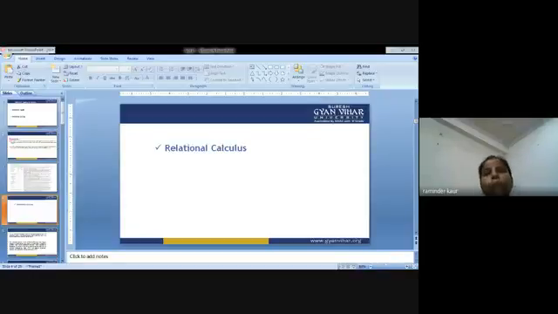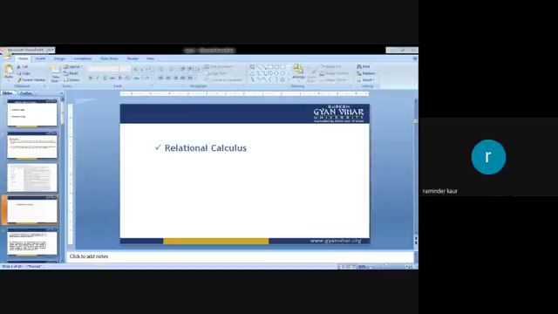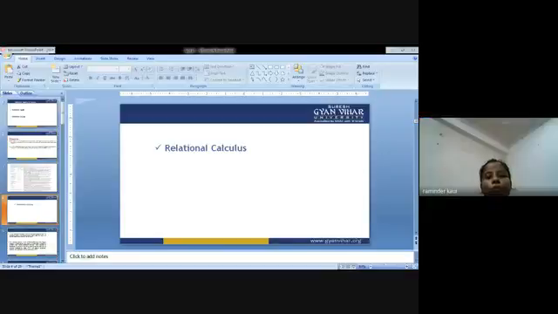In a non-procedural query language, the user is not concerned with the details of how to obtain the end result. So the main concern about relational calculus is that it will tell us what to do.